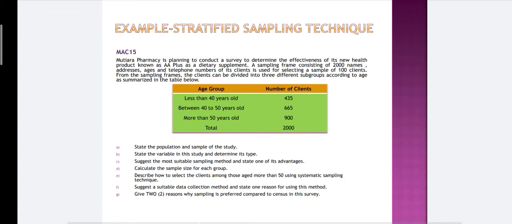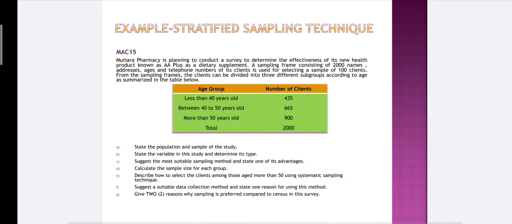So macam mana nak kira? 435 divide dengan altogether 2000, kena multiply dengan sample size needed iaitu 100. So you akan dapat 21.7, so kita approximate kepada 22. So the first group is 22.